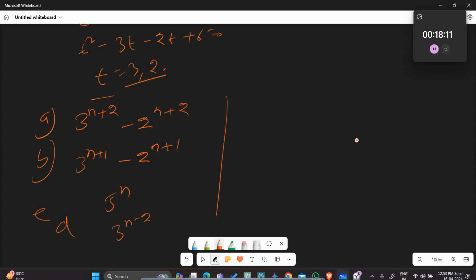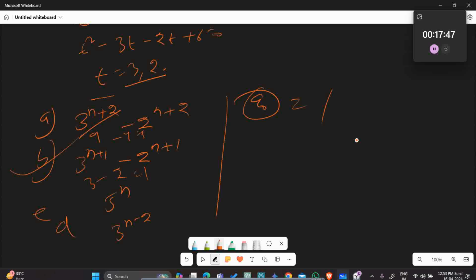So what we are going to do is check a of 0, n equal to 0, which should be 1. Putting 0 here: 3 minus 2 is equal to 1.